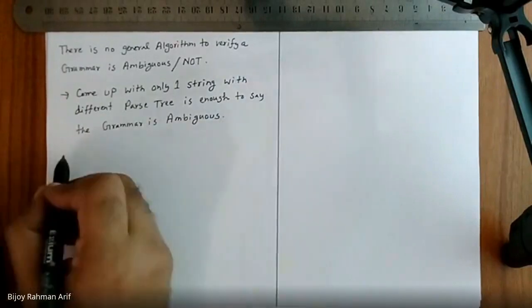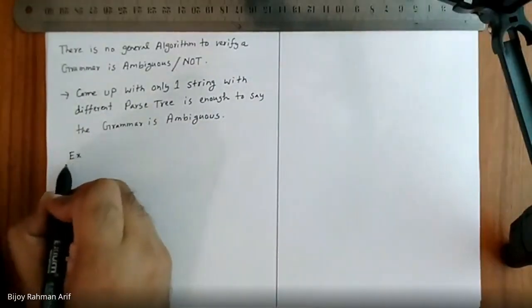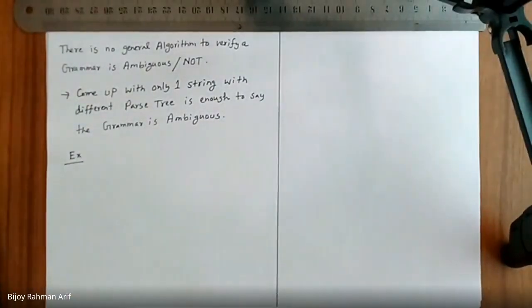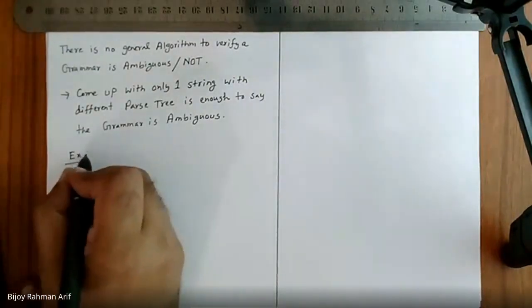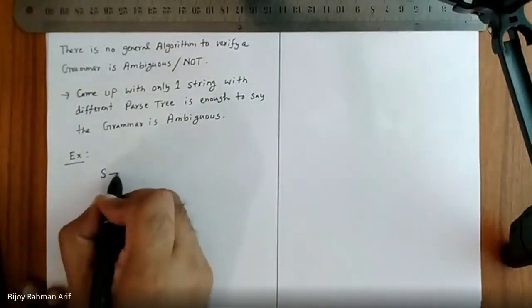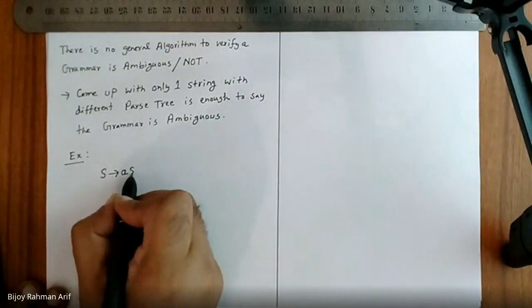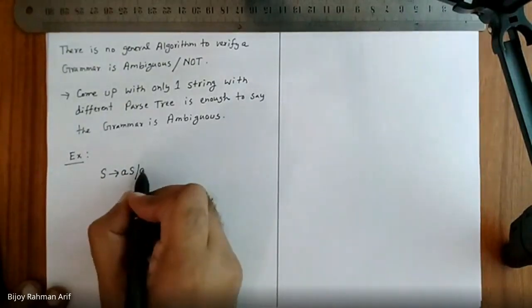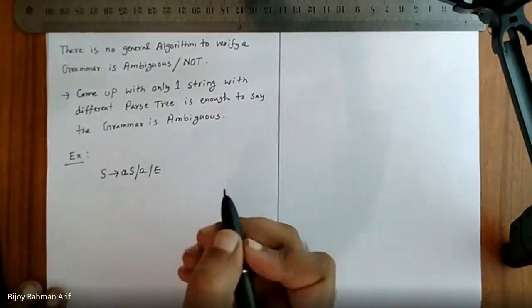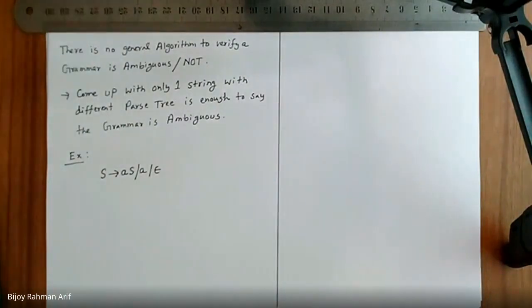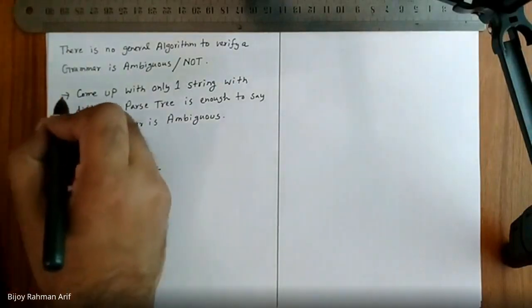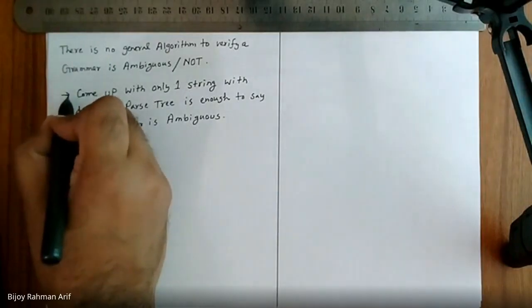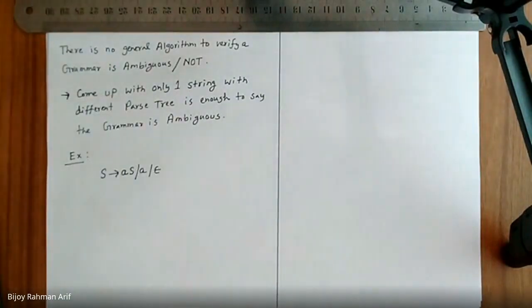Now let's take some examples. How about this? S derives AS, A or epsilon. Is this grammar ambiguous or not?